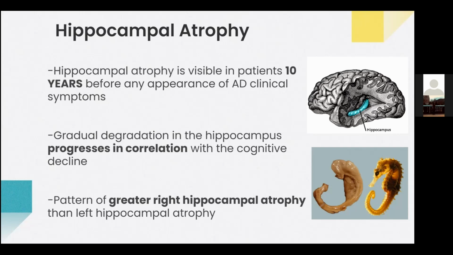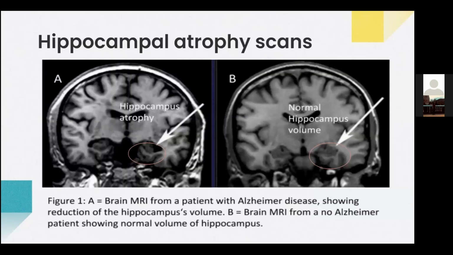Scientists have also noticed that there's greater right hippocampal atrophy than left hippocampal atrophy, which means the right side of the hippocampus is more severely damaged than the left in most Alzheimer's patients. So these are hippocampal atrophy scans in Alzheimer's patients.